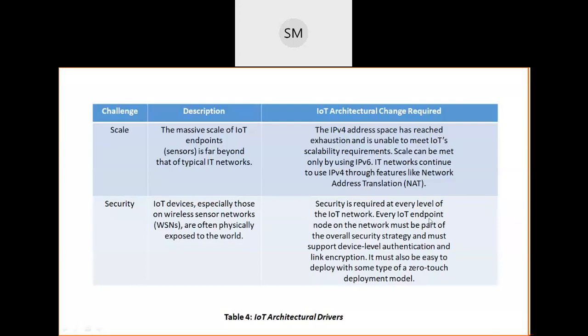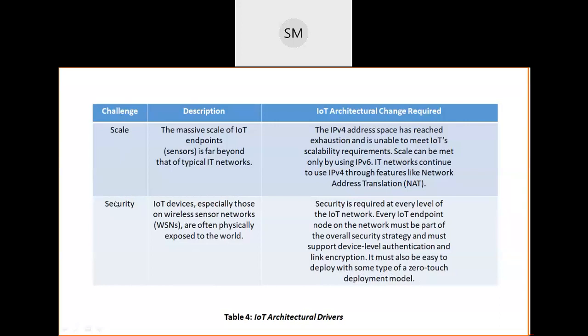Every IoT endpoint or sensor node on the network must be part of the overall security strategy, and it must support device level authentication. Device level authentication means every device should be authenticated using a username, password, or some other security measure, and link encryption. It must also be easy to deploy with some type of zero touch deployment model.